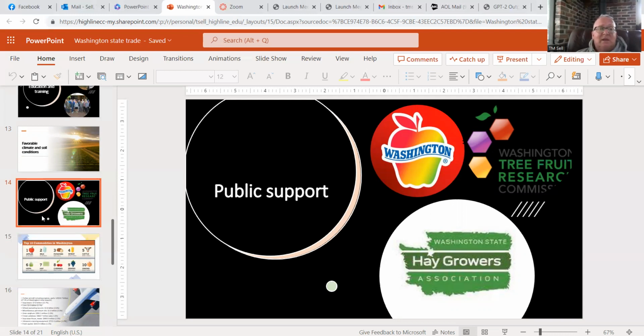So the state secretary of agriculture sits on all these commissions, and their job is to push the product and find new markets and do what they can to help these industries thrive and survive. So that's a form of public support for these. So that, again, an investment-based comparative advantage.